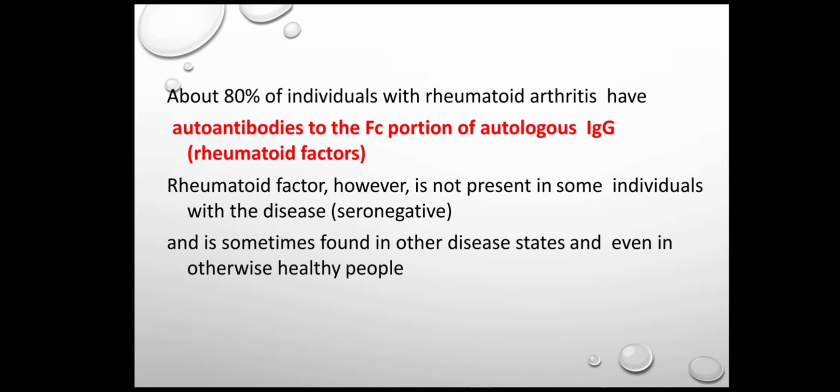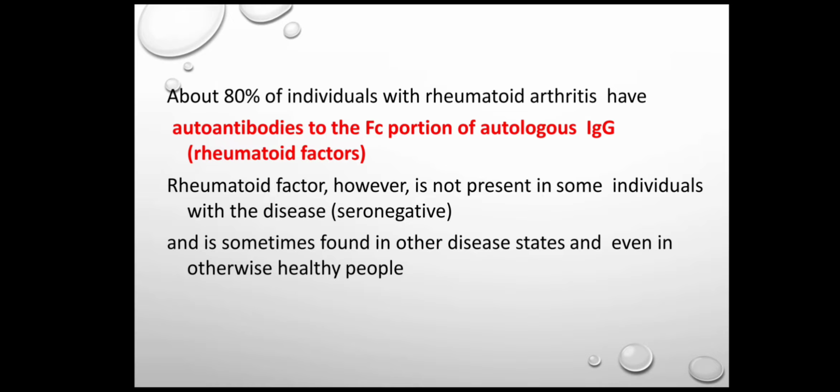Now, one important factor of rheumatoid arthritis is rheumatoid factor. So what is rheumatoid factor? There are 5 types of antibody: IgG, IgM, IgA, IgE, and IgD.